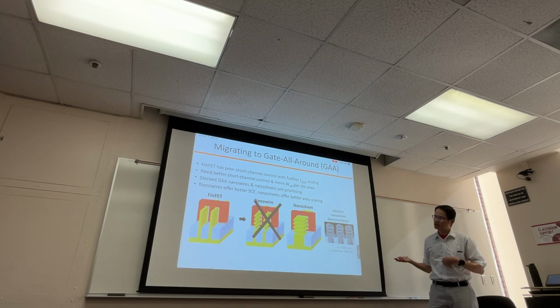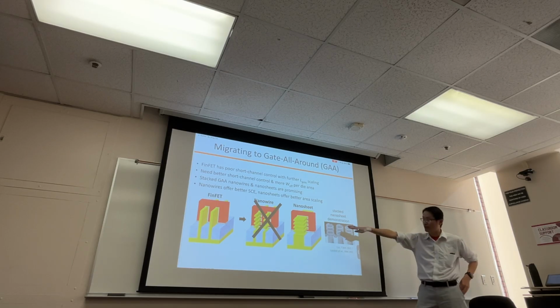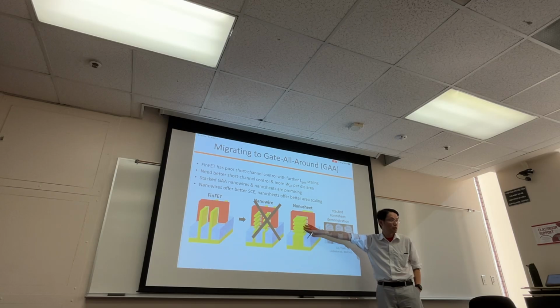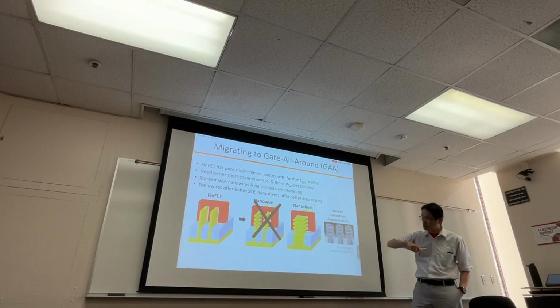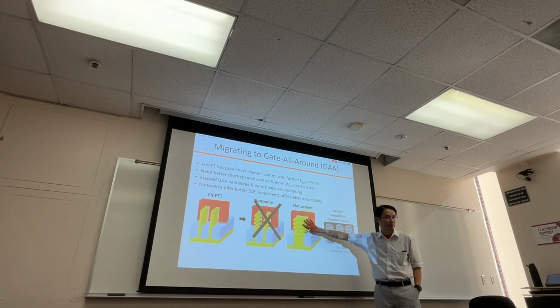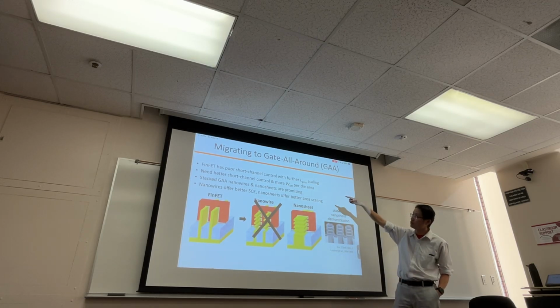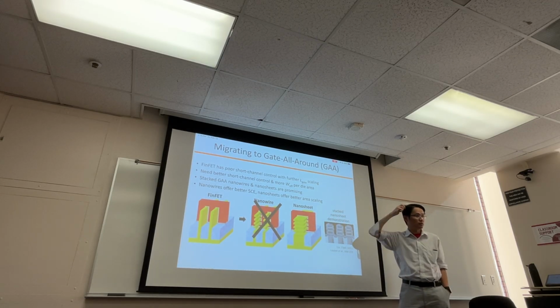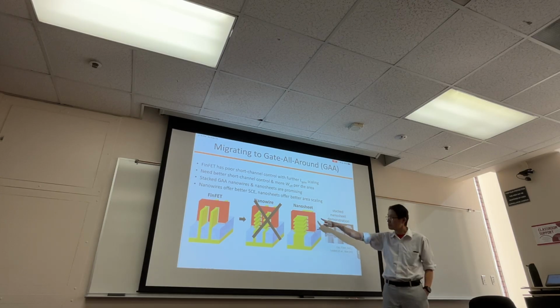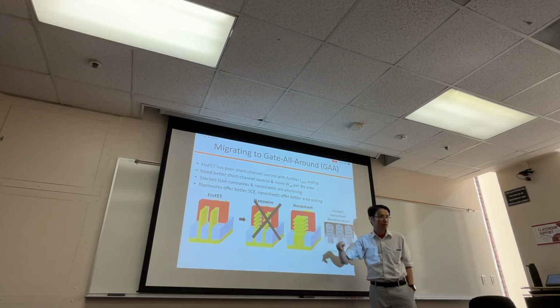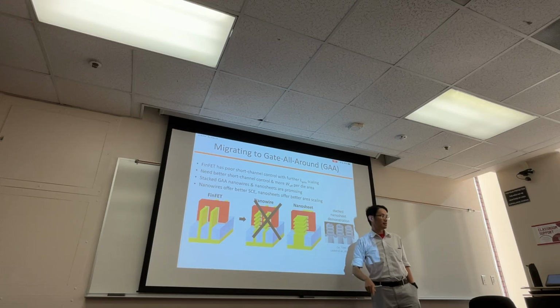Sometimes you might hear people call that a ribbon, like a ribbon-based device. That's what they meant. It's this one. At this very moment, it looks like this is where the industry is moving. They also call that gate all around. Why do they call it gate all around? You look at the gate, every side.